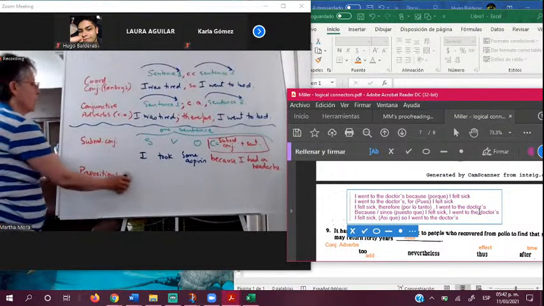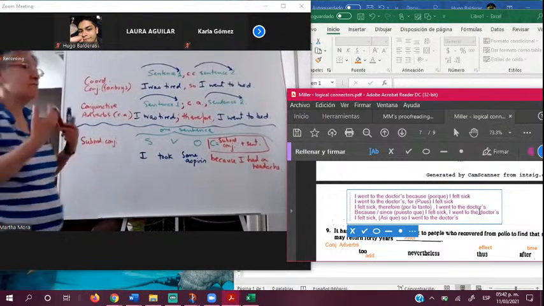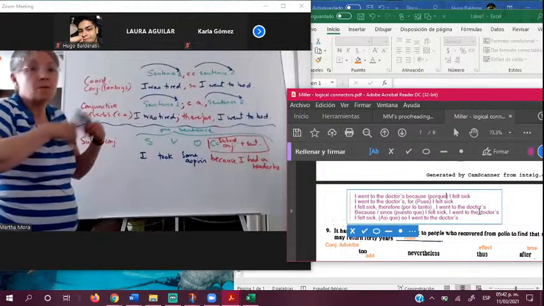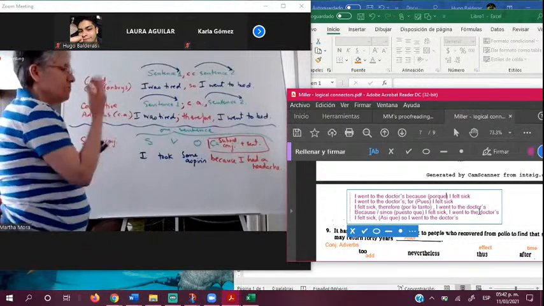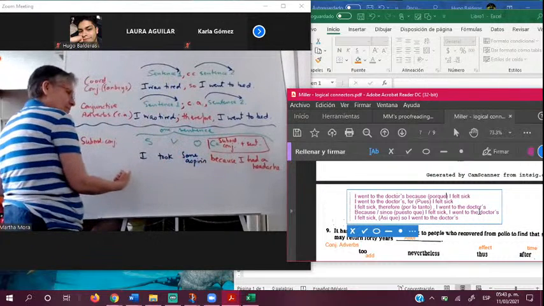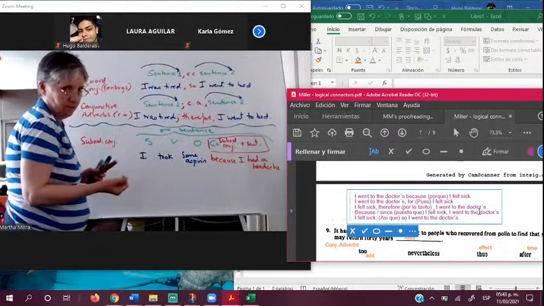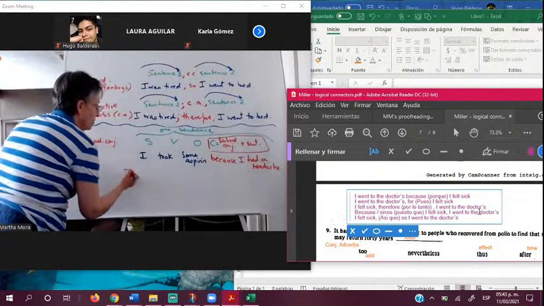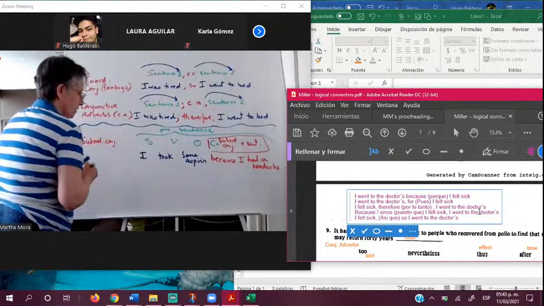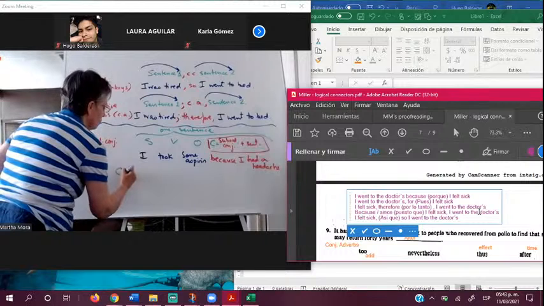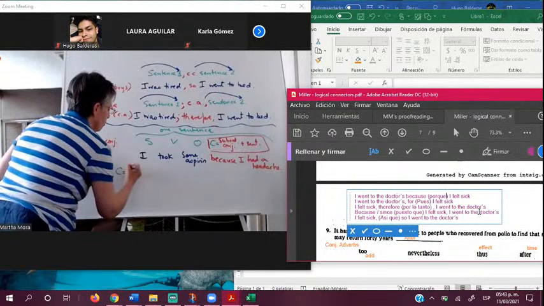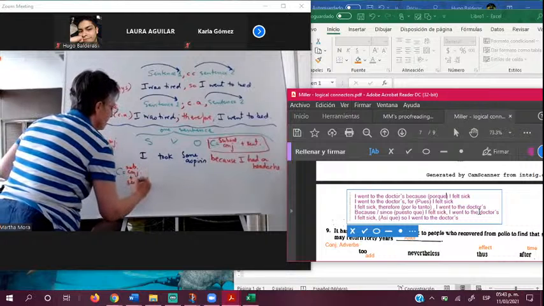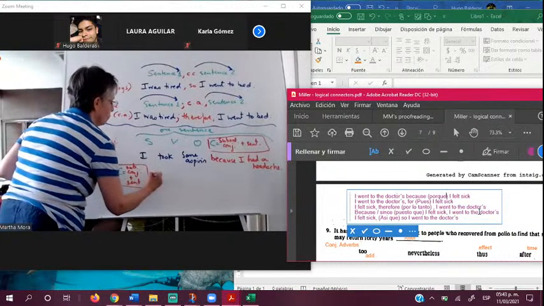Yes, teacher. But if I want, for some rhetorical reasons, to give context, for some emphasis, there are several reasons. If I want to put this information at the beginning, what happens? We need a comma. So now we are going to have the subordinating conjunction plus a sentence at the beginning, and we're going to need a comma.